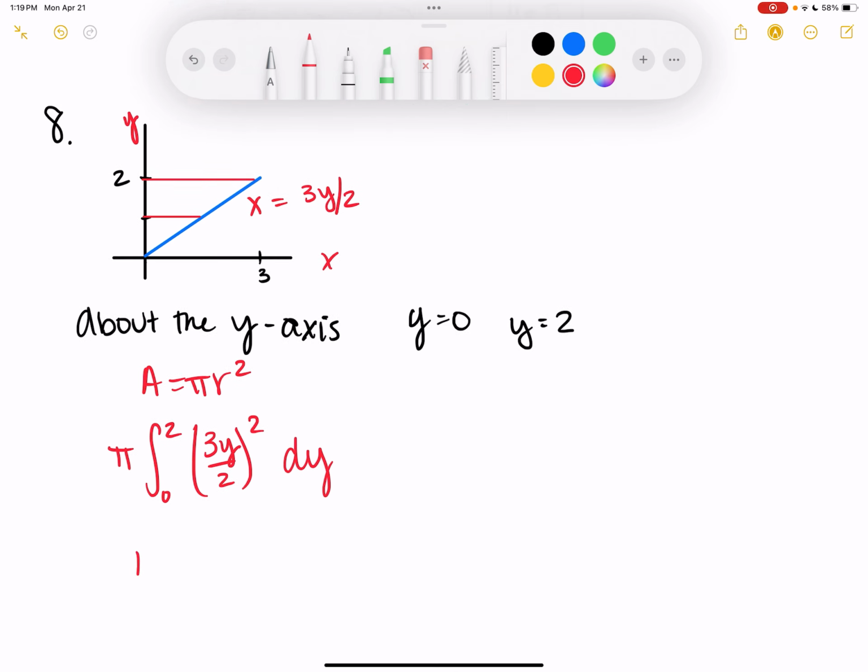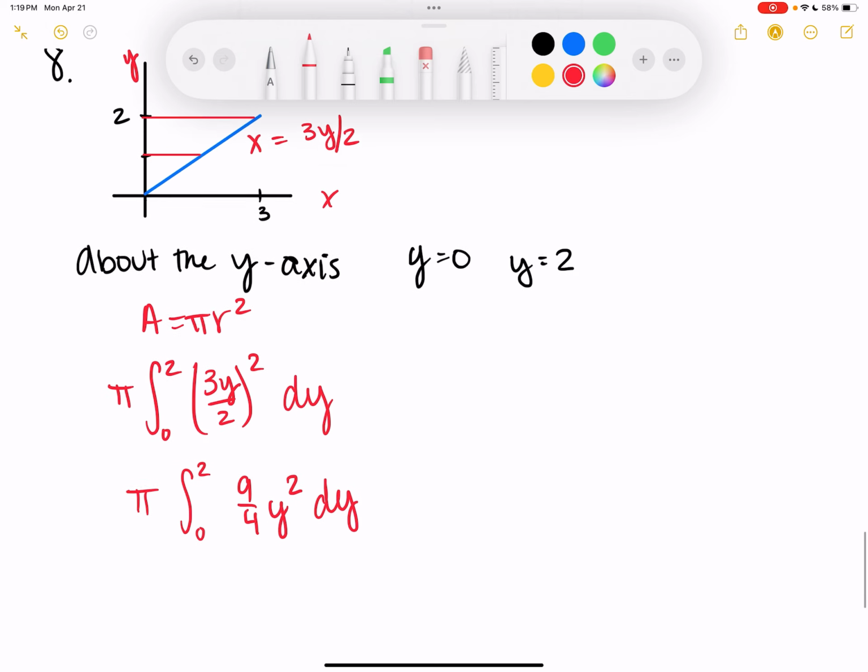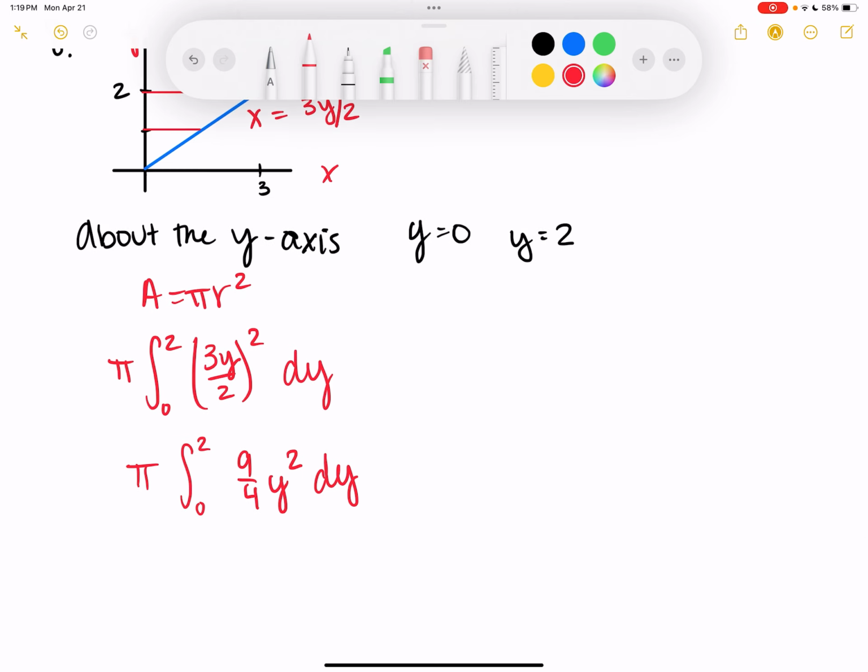So pi times the integral from 0 to 2 of 9/4 y squared dy, and I need to integrate that. What do I get when I do that? Y cubed.